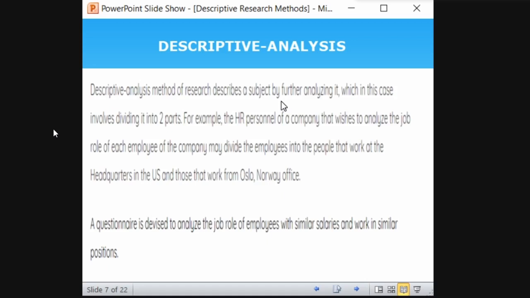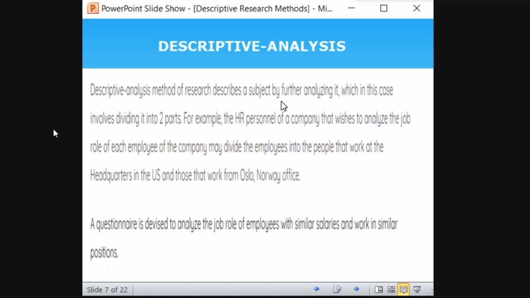So the role is the same. The role of each employee in both the offices may be the same. So he is analyzing the job role of each employee by dividing the employees based on the location parameters.